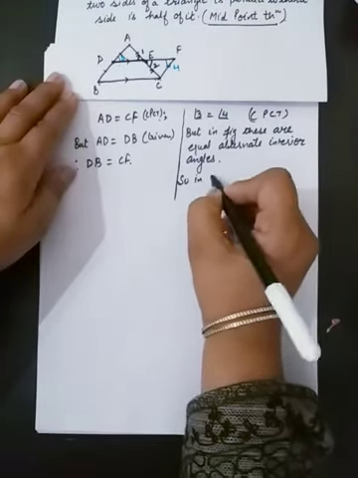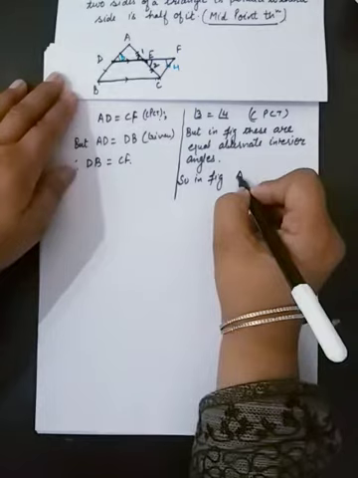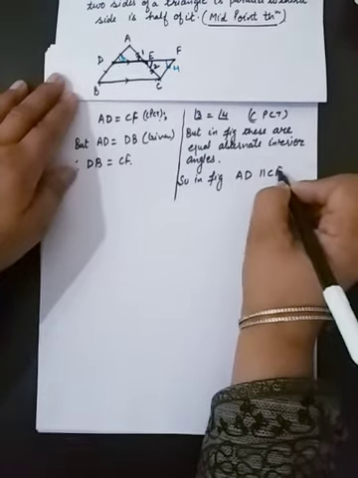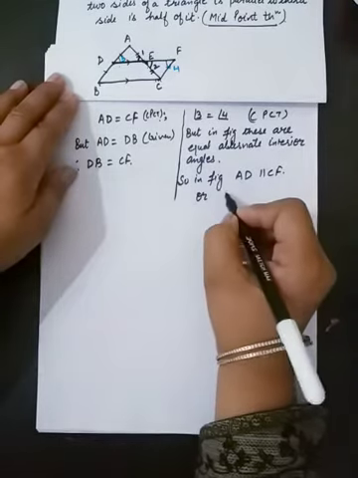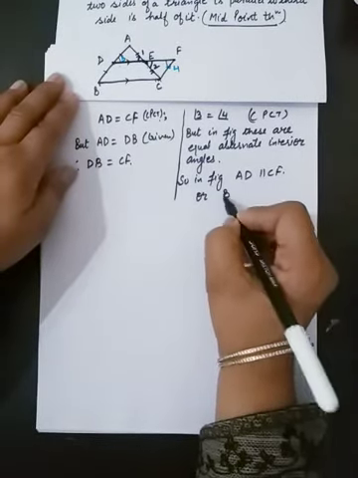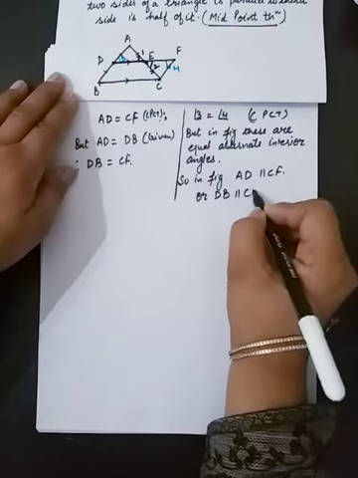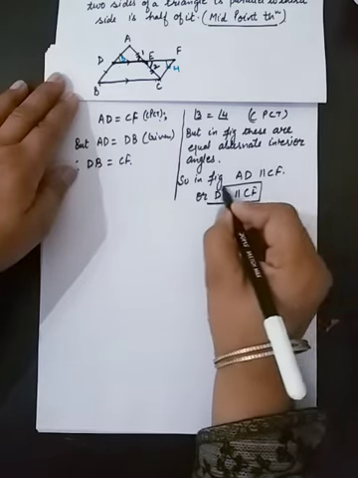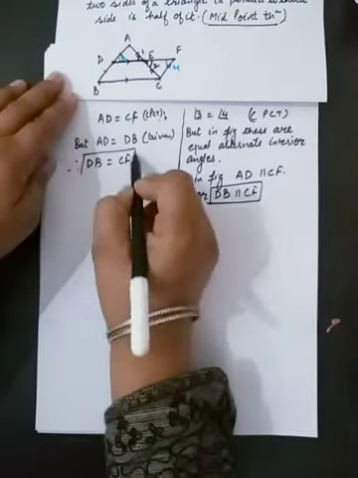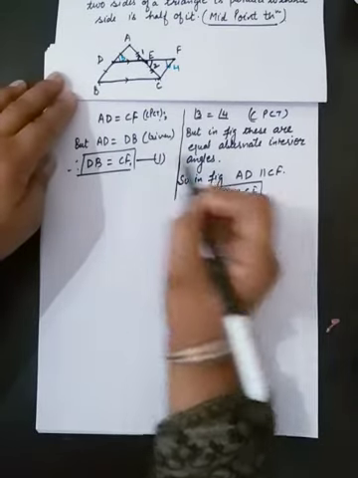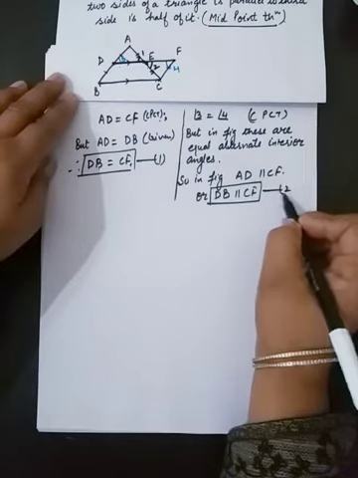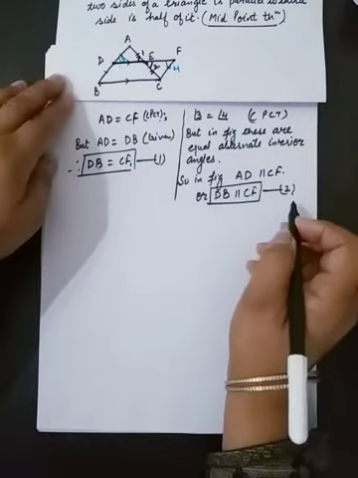So in the figure, AD is parallel to CF, or we can say, because BD is a part of AD, DB is parallel to CF. So this result says that DB and CF are equal, and this says that DB is parallel to CF.